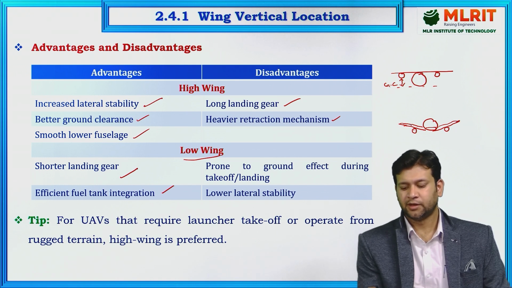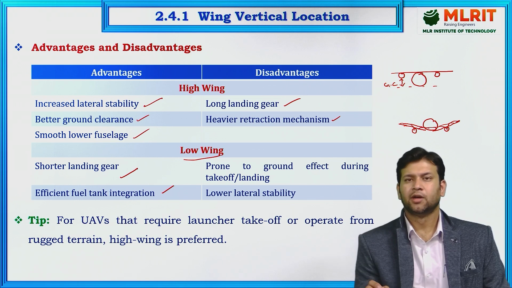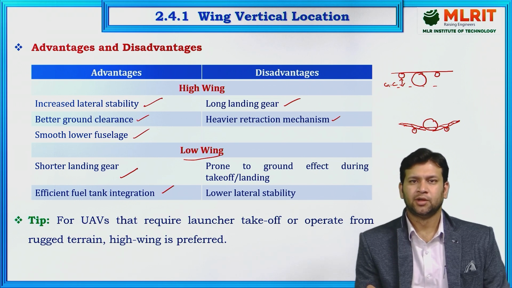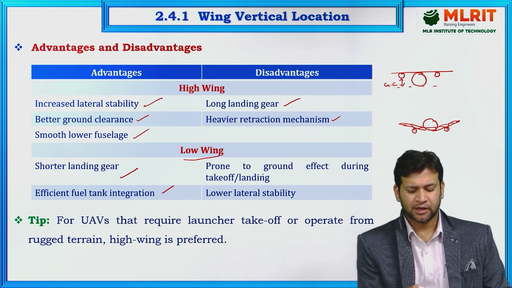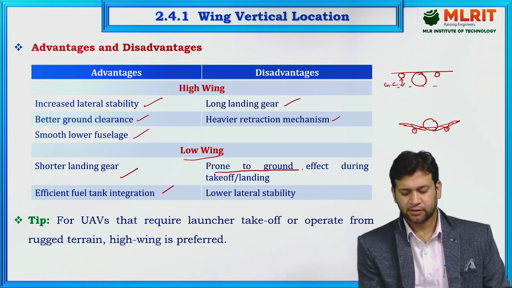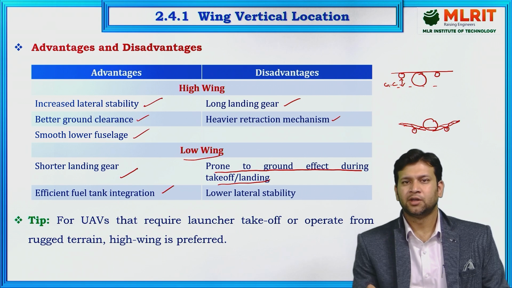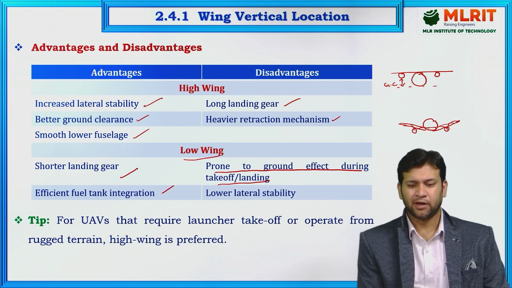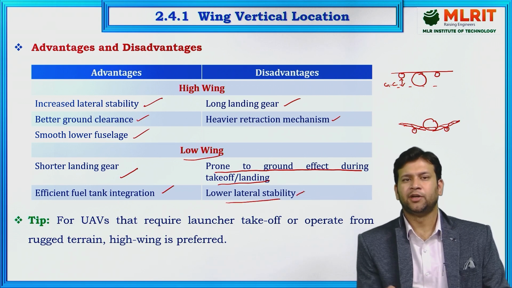It will pass like this, and becomes easy from under the fuselage. The disadvantage in this low wing configuration is that it's prone to ground effect during takeoff and landing, and it will have low lateral stability.